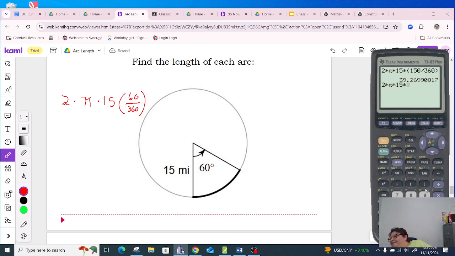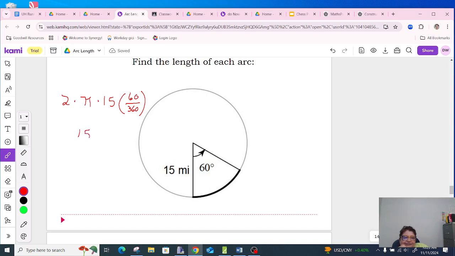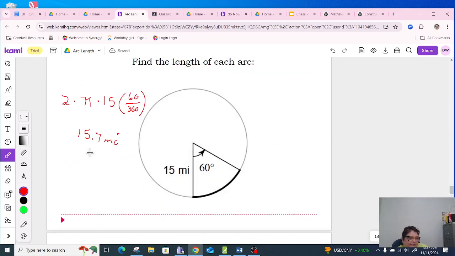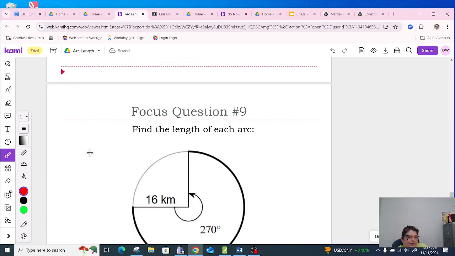So you got 75.4 kilometers. So this one was what? 15.7 miles. And they just gave you one more.